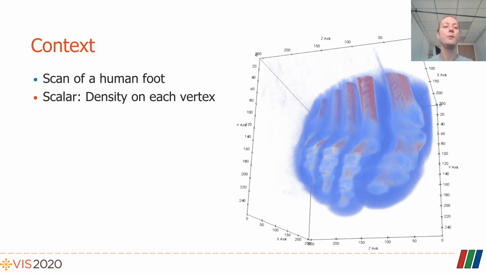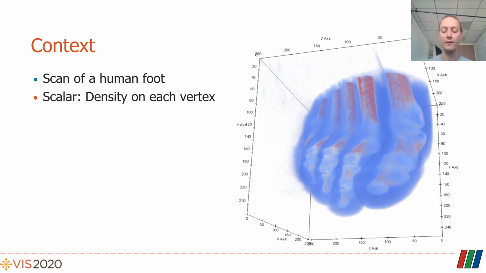The dataset we are manipulating is a scan of a human foot, on which, on each point, the scalar value is the density of matter at this position. A point with a low scalar value can correspond to the air around the foot, and the points with the highest scalar values will correspond to the bones inside the foot.